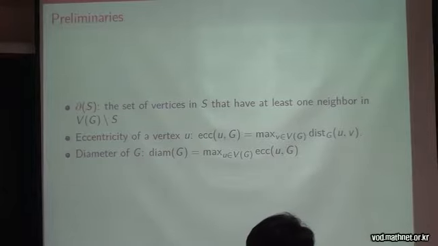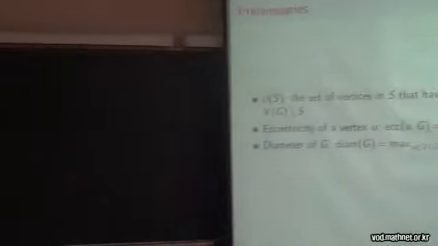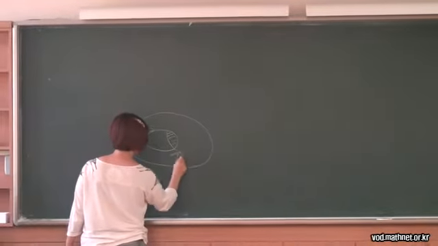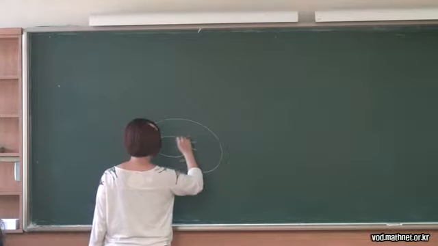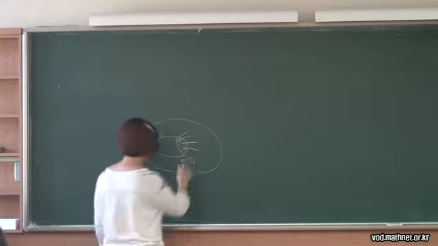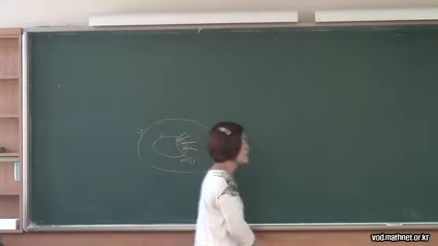When you have S, then delta of S is the collection of vertices which are exactly the endpoints that have some neighbors outside of S.